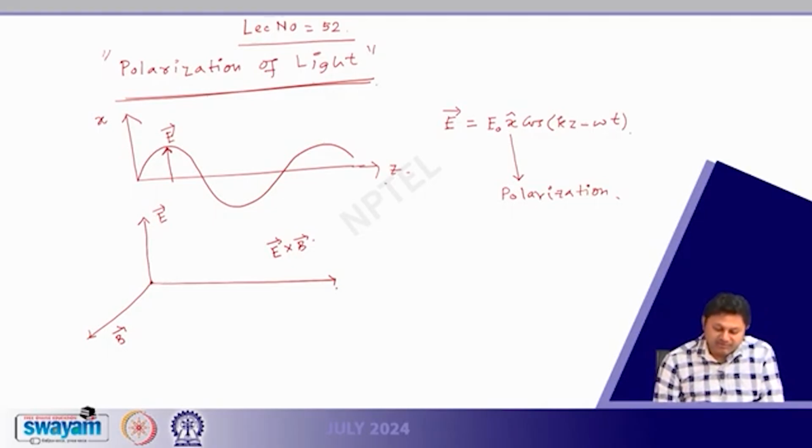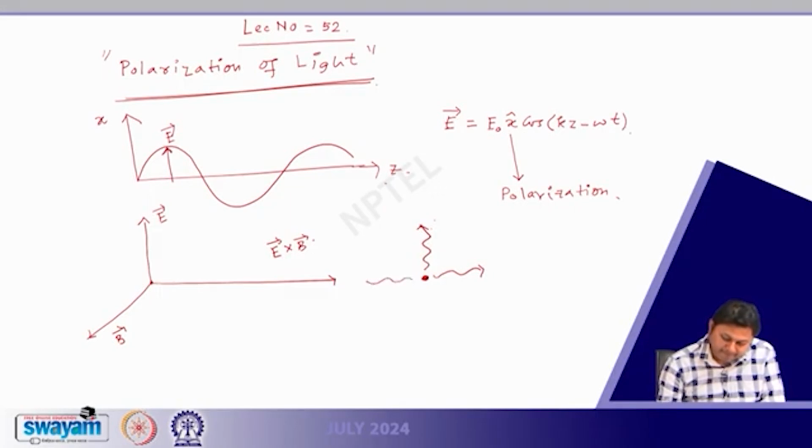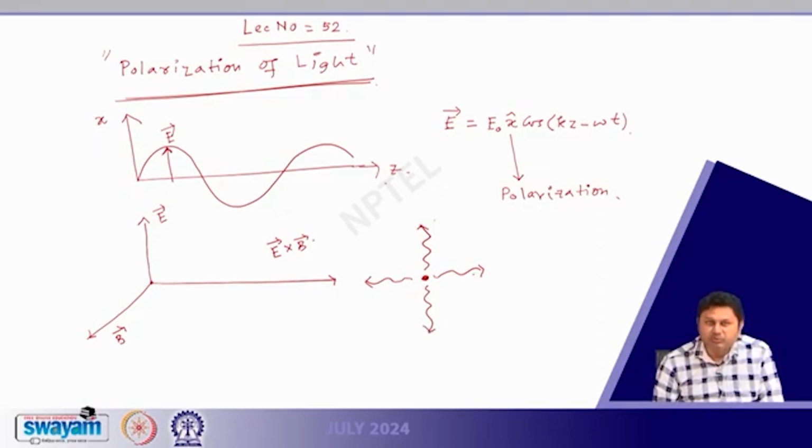So, generally the polarization can be divided in few categories: linearly polarized, circularly polarized, elliptically polarized, etc. But before going to that, we need to know that the polarization normally, when the source is emitting light, suppose this is a normal source, say sunlight, it is emitting light in all directions. So, the electric field that is coming through this light is randomly polarized.